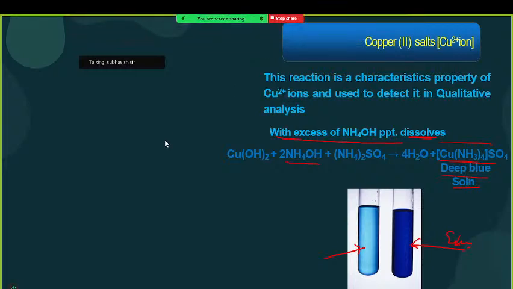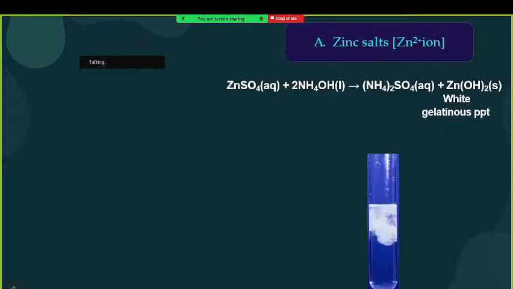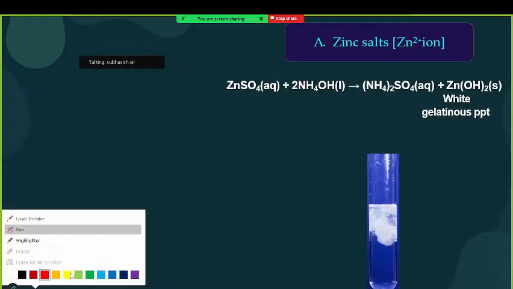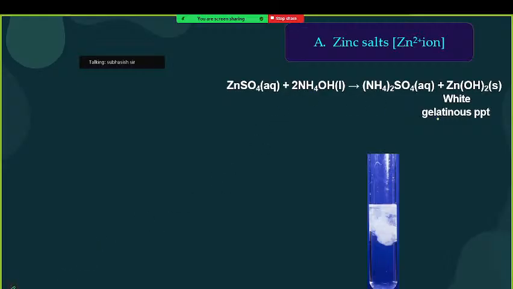Now next, move on to zinc ion. Already we have mentioned that with sodium hydroxide, a white gelatinous precipitate is obtained. Here also a white gelatinous precipitate is obtained when ammonium hydroxide is added to zinc ion solution.